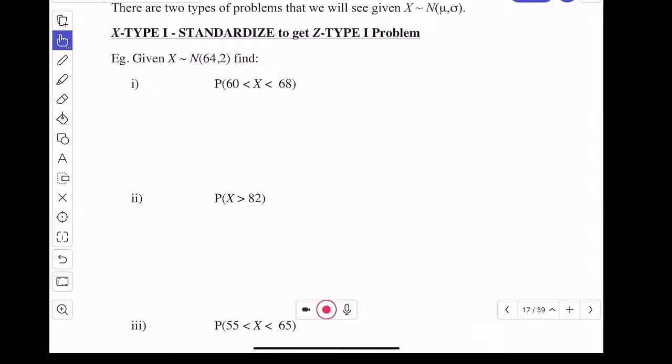So what you do is first you standardize, you convert all these values of x into z, and then use the table to answer the question. So standardize first. 60 gets converted into 60 minus 64 over 2. X is converted into a z, and 68 is converted as well.